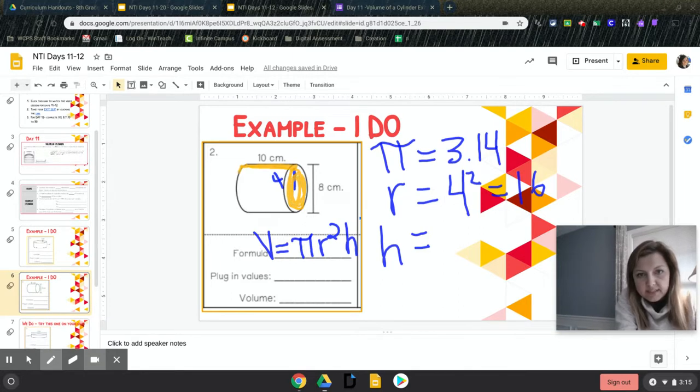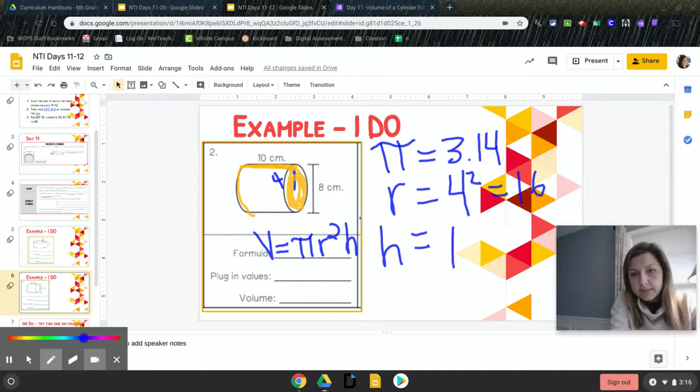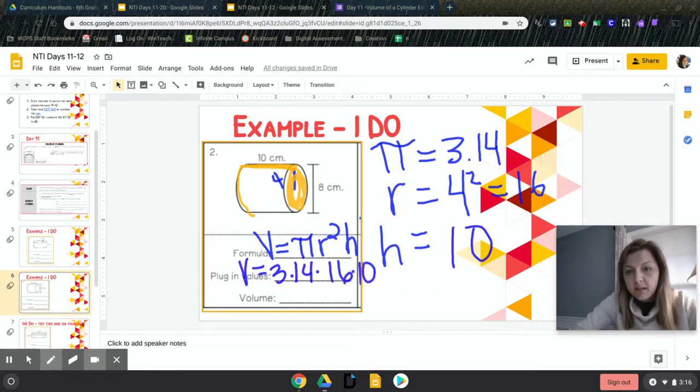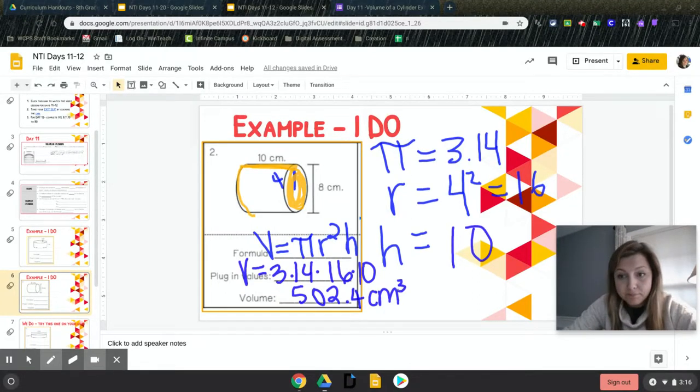So it's our distance between them. So our height is 10. So you're going to multiply them together. So volume equals 3.14 times 16 times 10. And your volume is, drum roll, 502.4 centimeters cubed. Okay.